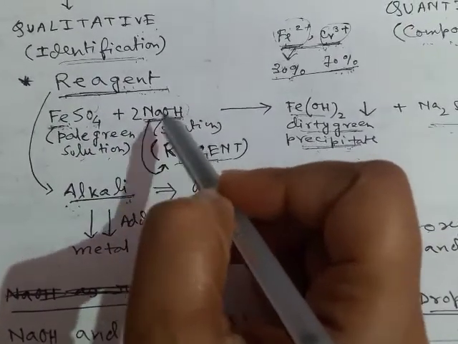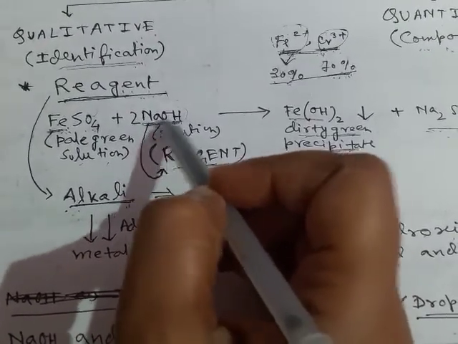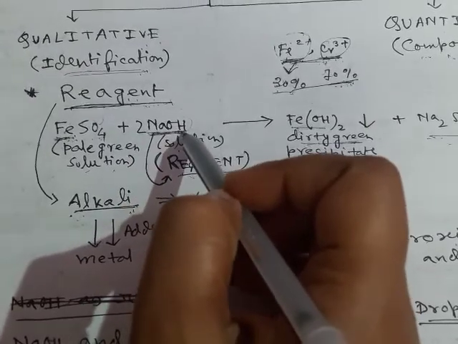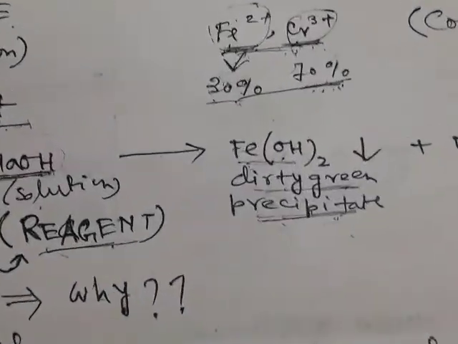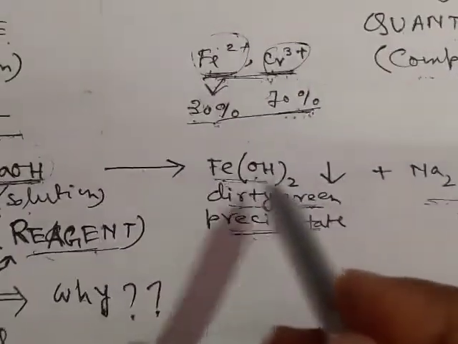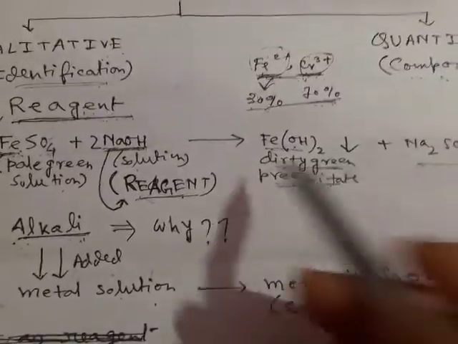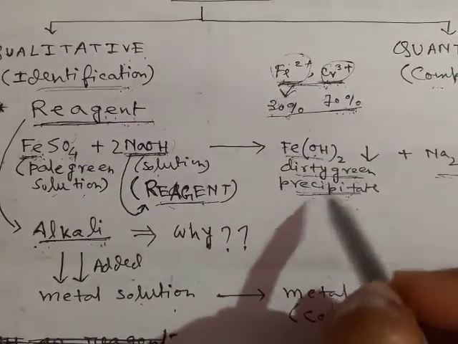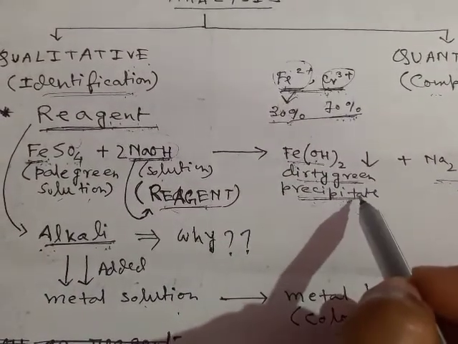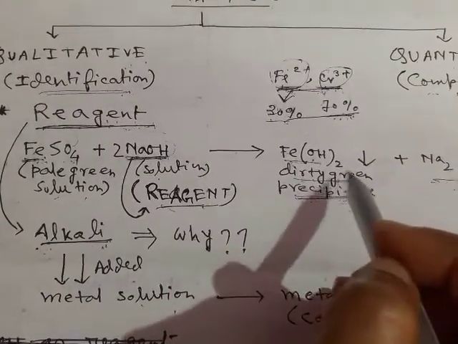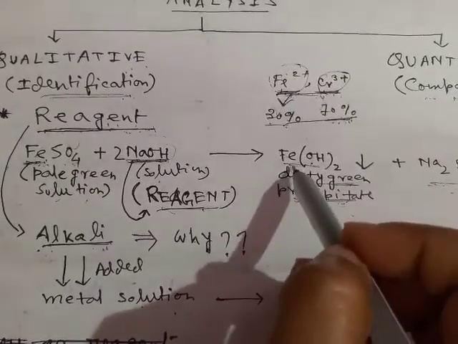For this purpose you are using here sodium hydroxide solution or caustic soda solution. After reaction here, ferrous hydroxide will be formed, and this ferrous hydroxide is insoluble, so you will get dirty green precipitate of ferrous hydroxide. Precipitate means insoluble compound, and the color is dirty green. This is the very specific color of ferrous hydroxide.